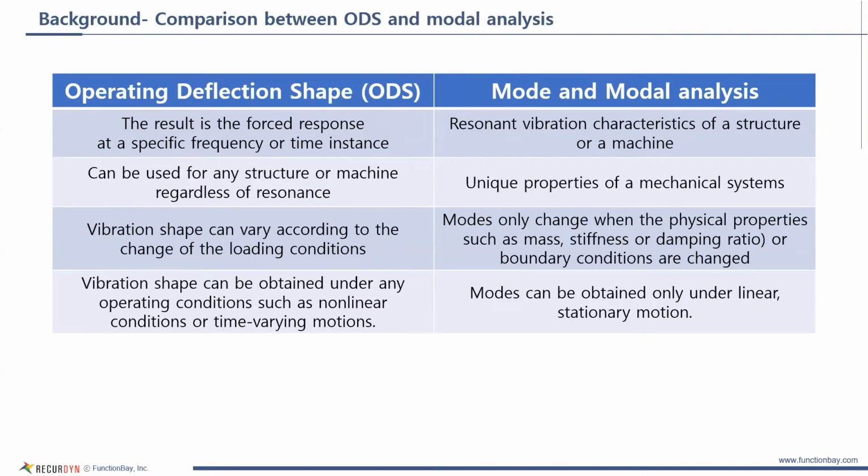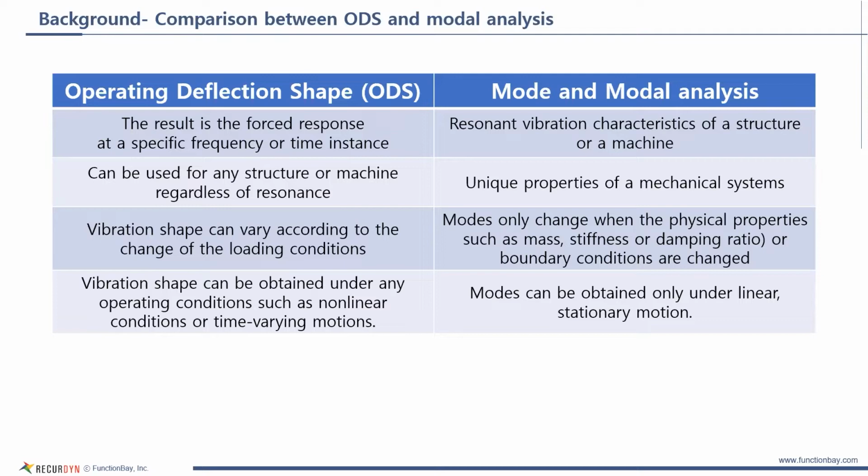The vibrational shape with ODS can vary according to the load conditions, whereas the modal information changes as a function of inputs such as mass values, stiffness, damping ratios, or the change in boundary conditions.